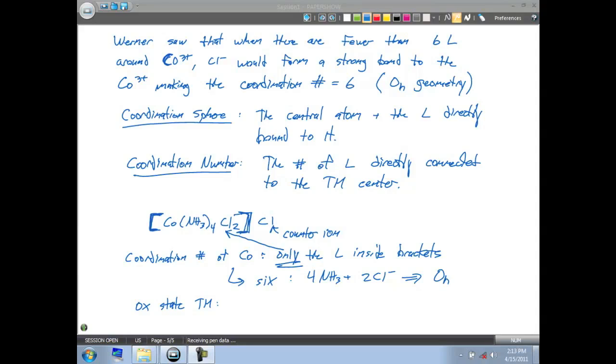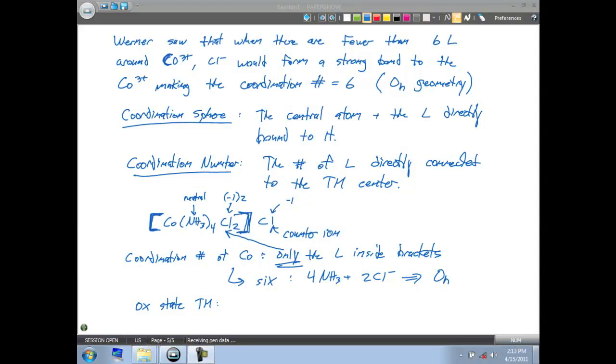And this is where the charges of our common cations and anions come back into play. Because in this case, we know that ammonia is neutral. So the NH3 ligand is not going to have any charge associated with it. In this case, the chloride has a -1 charge, and there's 2 of them. And this chloride right here has a -1 charge, and there's only 1 of them. We also know that when a salt is formed, it's got to be neutral.